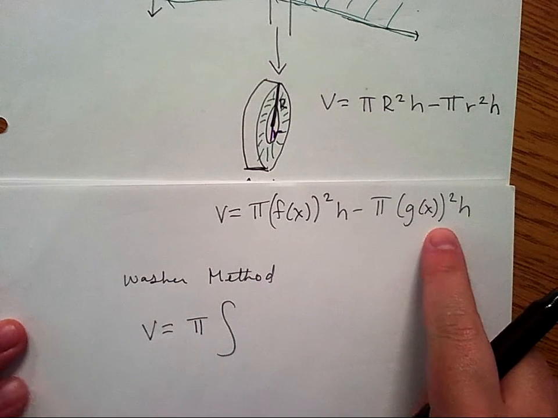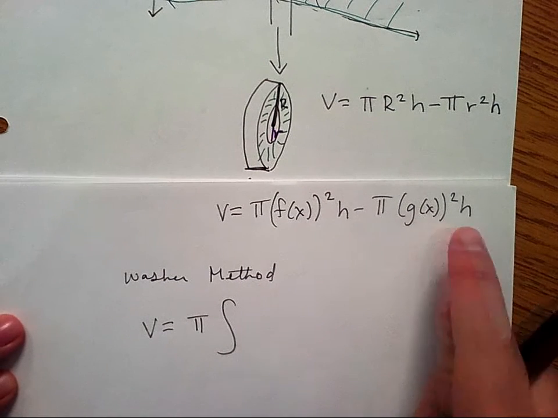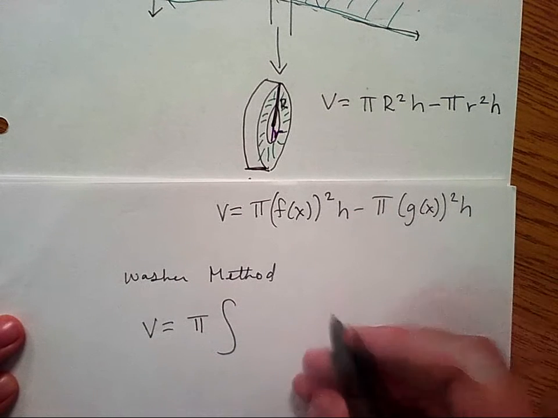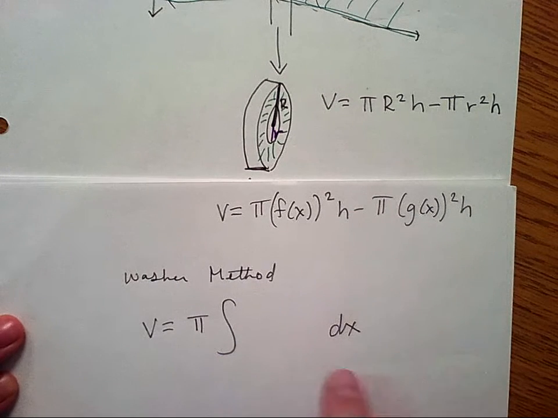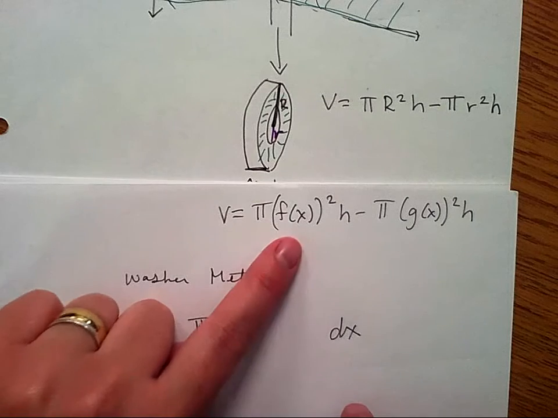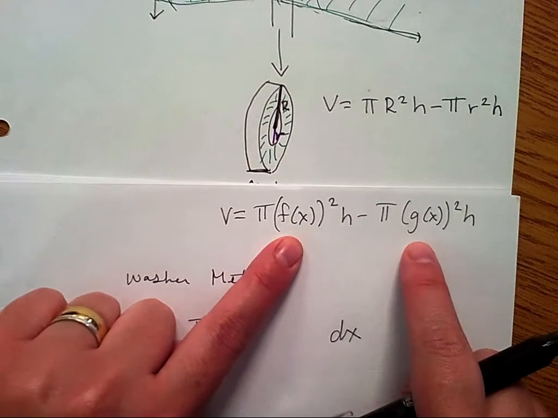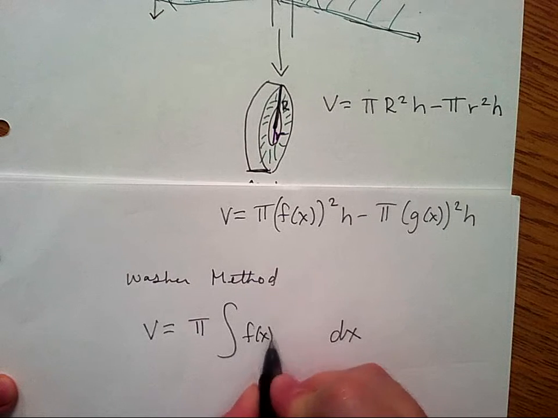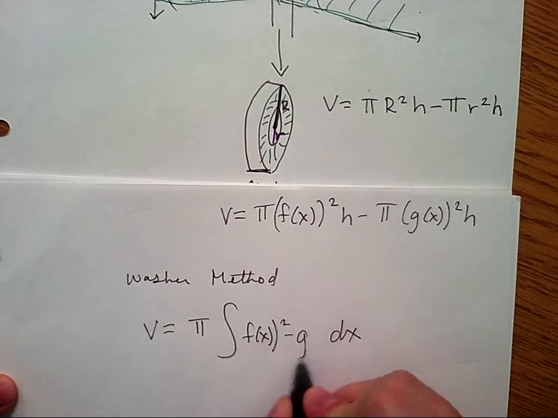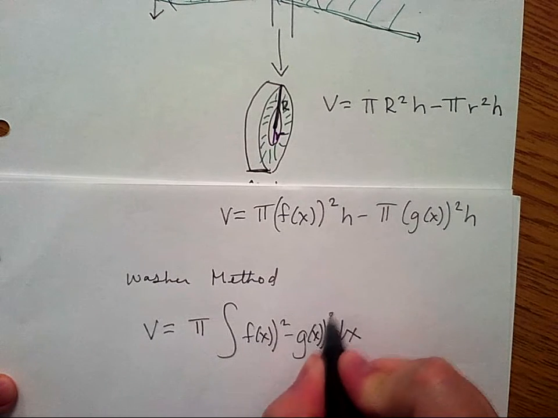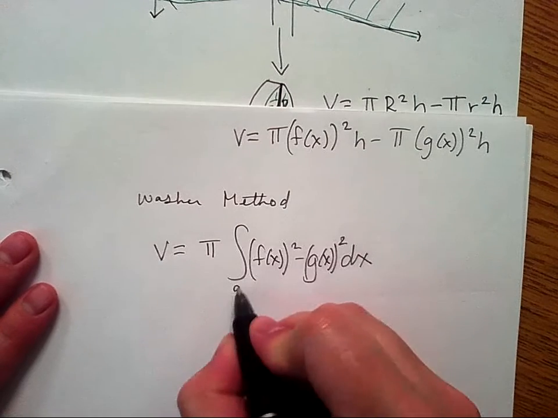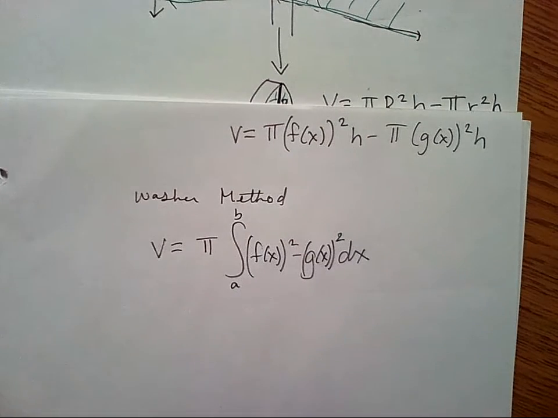I'm factoring out pi from both, and delta x from both, or h equals delta x in both, which in terms of the integral equals dx. And then I have the outside radius minus the inside radius, right? So I have f of x squared minus g of x squared, each of those squared individually, from a to b.